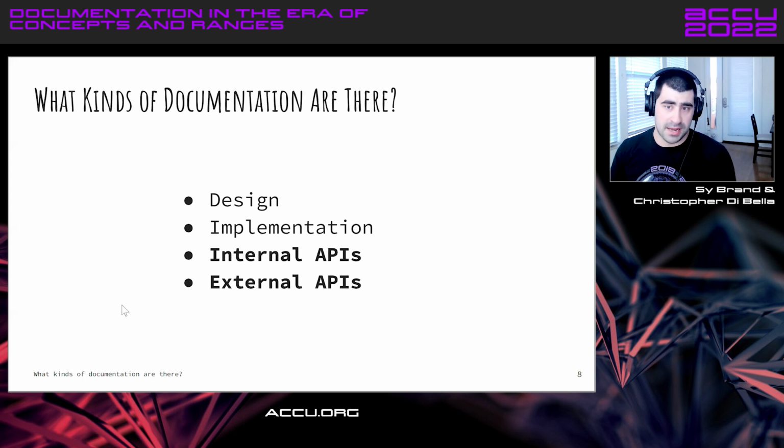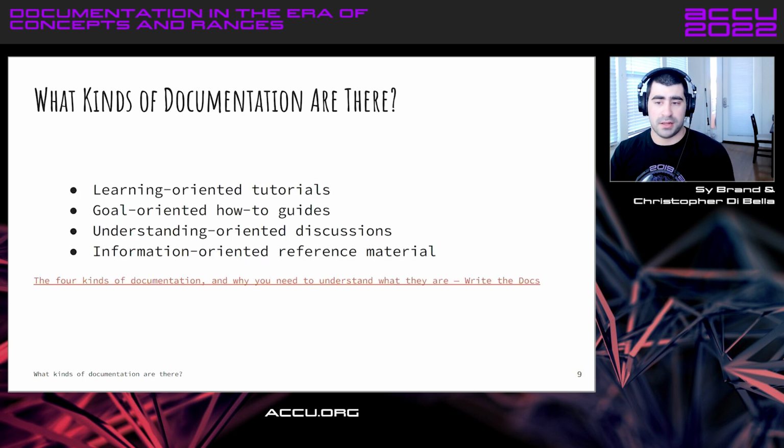Once we understand these four broad dimensions of documentation, we understand that there are four different ways in which we can communicate our information. The first being what we call learning-oriented tutorials, which are a very simple document that gets a user who knows literally nothing about the library or the tool, and gets them from zero to being functional.